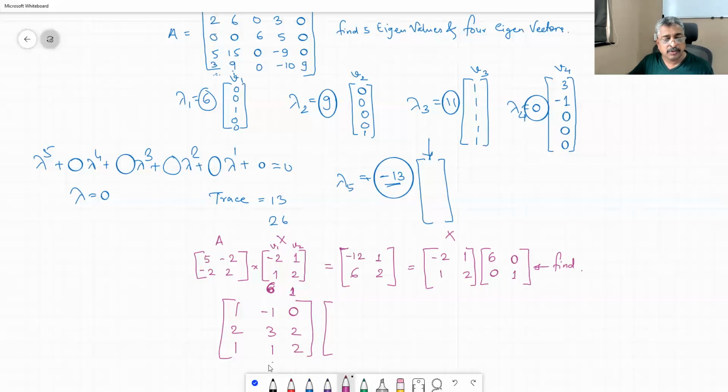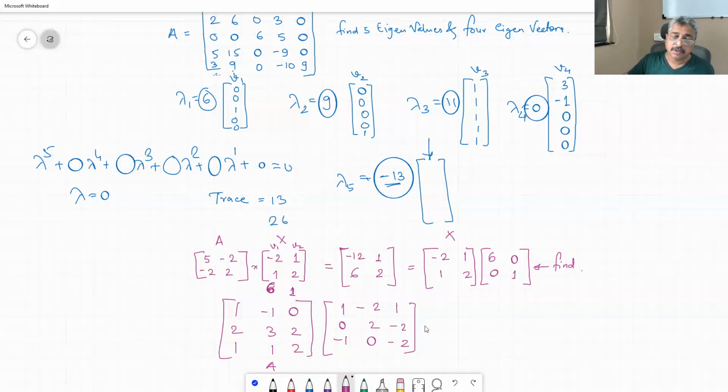So this is our A. Corresponding to lambda value 1, your eigenvector was 1 0 minus 1. Corresponding to lambda value 2, your eigenvector was minus 2 2 0, and corresponding to lambda value 3, your eigenvector was 1 minus 2 minus 1.